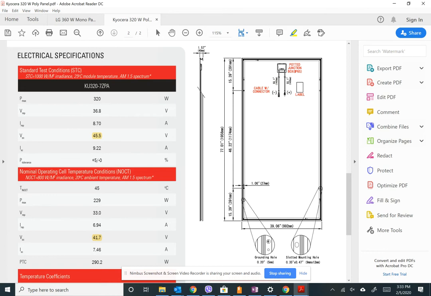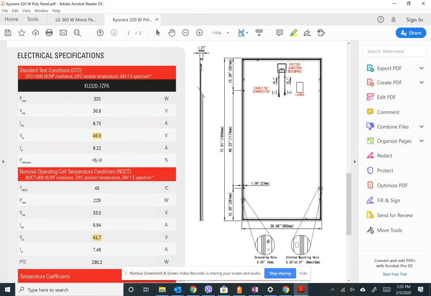But we use it to design with. When I say worst case scenario, it really would be the best case because you're getting the most out, right? But I'm talking about you not wanting to overload the components downstream with all of this power. So that's why we're using the STC.